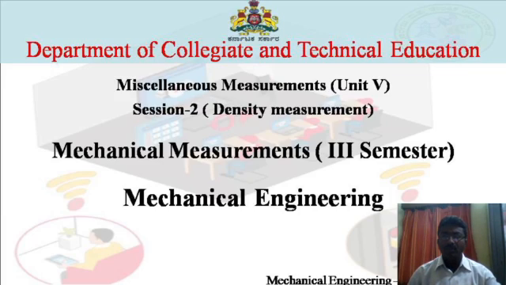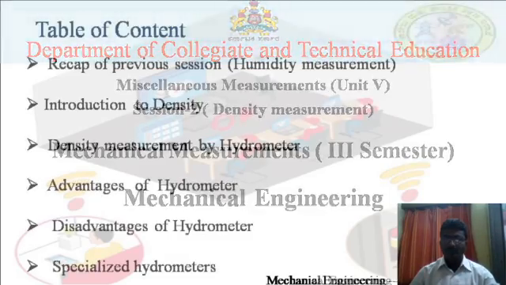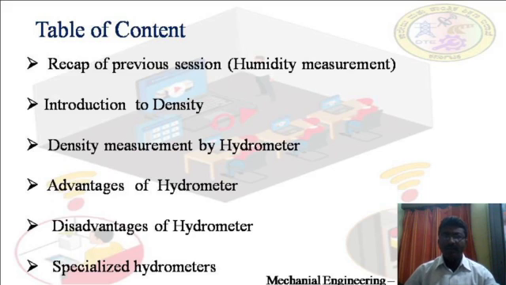Welcome to session 2 of unit 5 in mechanical measurements. This session is about density measurement. The contents of this session are: first, a recap of the previous session, that is session 1, about humidity measurement.